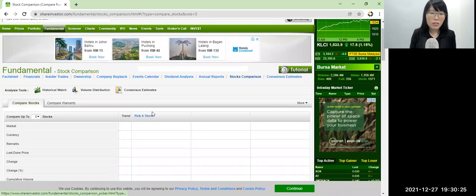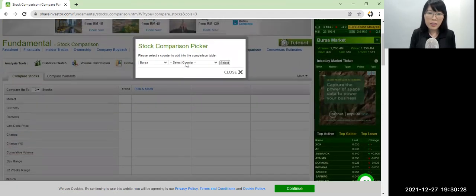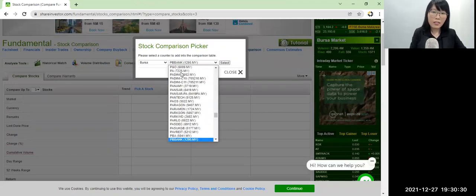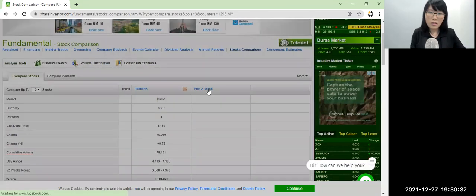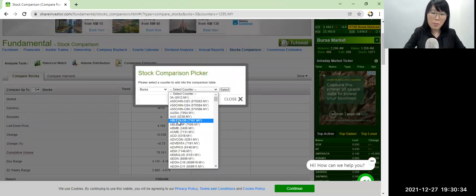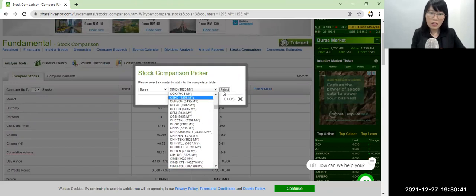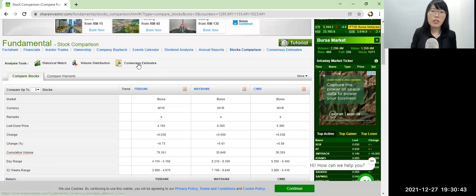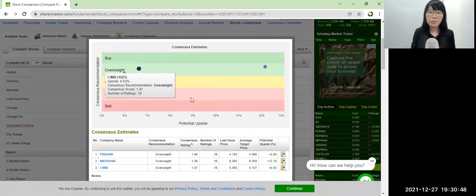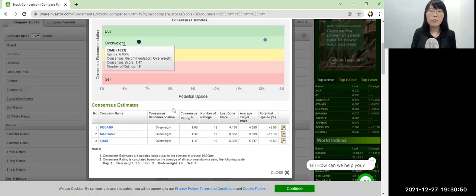Just now we picked the public bank, Maybank, and CIMB bank. So you can go to the consensus estimate from here. You click on it. Okay, so based on this, you can see the consensus estimate for 3 of the banks.